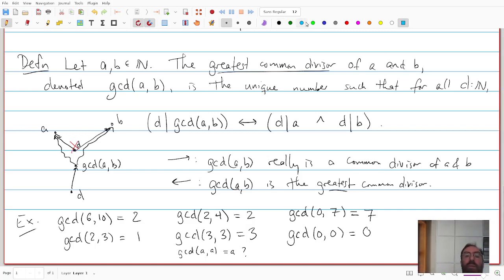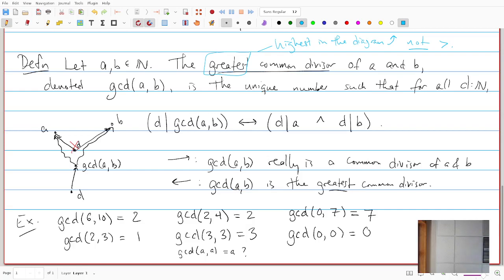Greatest means highest in the divisibility order, not bigger. I didn't actually talk about this definition, but if we think about it, if A and B are both 0, the only thing that works is 0.